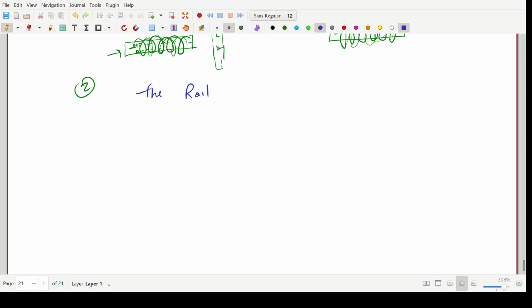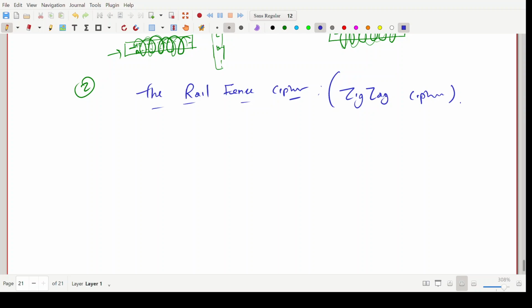The rail fence cipher. What is rail fence cipher? Here the characters are arranged in a way that is also called zigzag cipher. So it is again a form of transposition cipher.